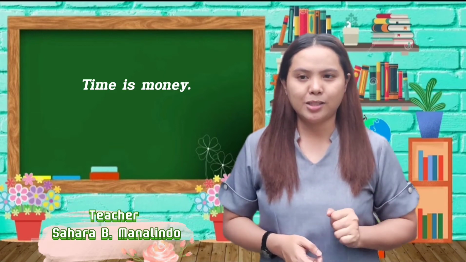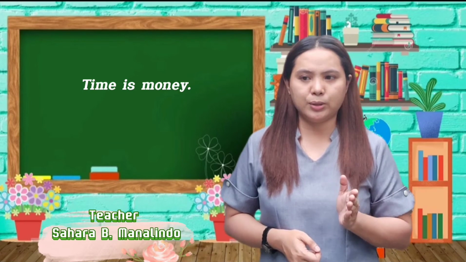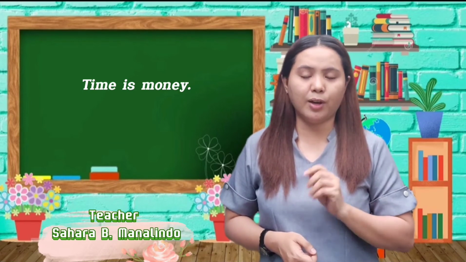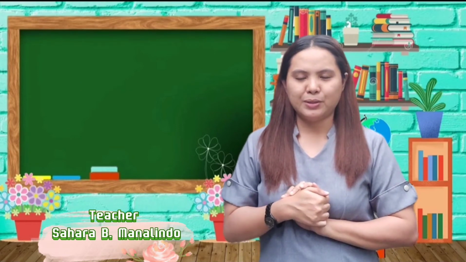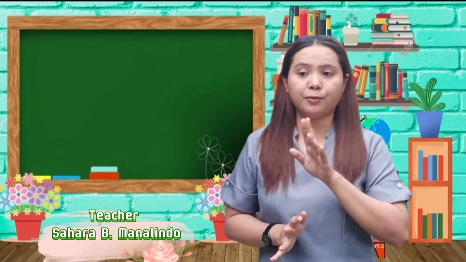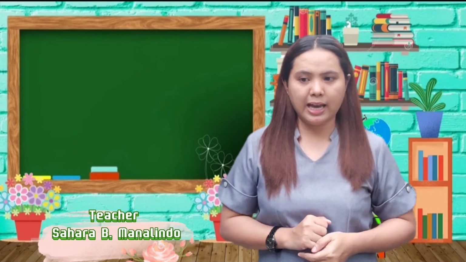However, it describes how valuable time is, as it is compared to money, which, of course, we know is very valuable. Okay, very good, Julia. So, okay, class. Again, what are the first two figures of speech? Simile and metaphor. Very good.